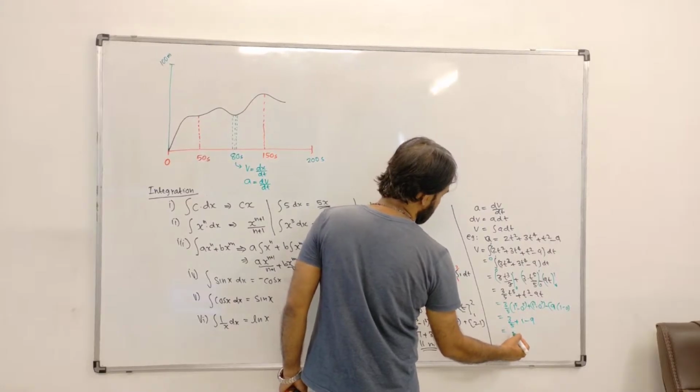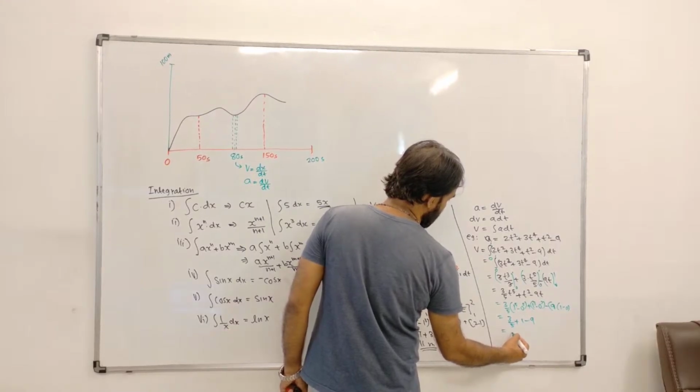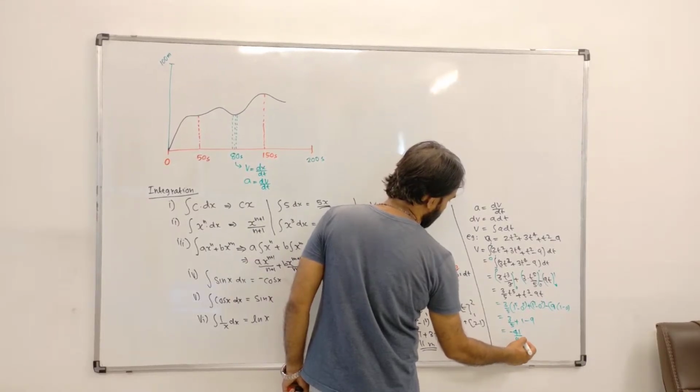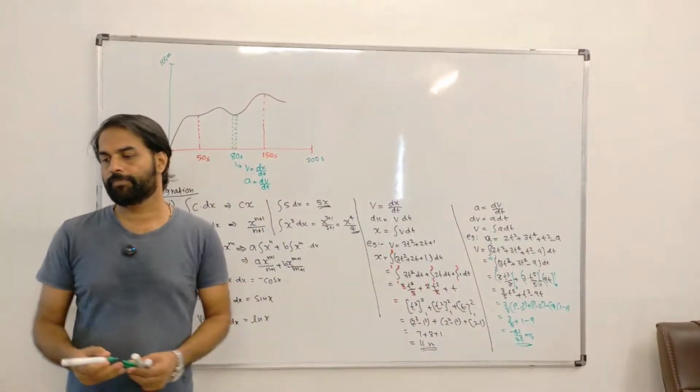You'll be getting 3 plus 1, 4. 4 minus 45, that is minus 41 divided by 45. So this will be the velocity over there, that is minus 41 by 45.